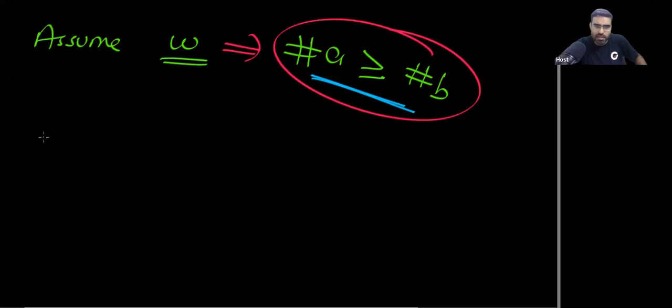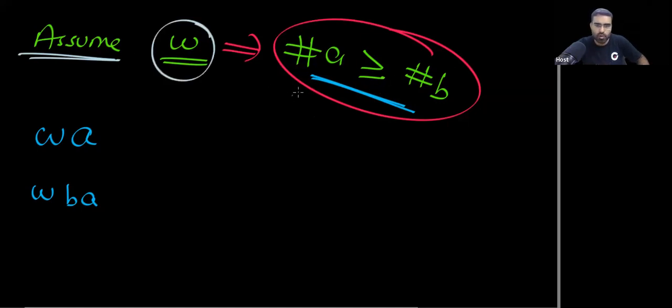Now you tell me, in this W, if I add A or if I add BA, will this condition satisfy or not? Assume that W satisfies this condition. Let's call it condition C.